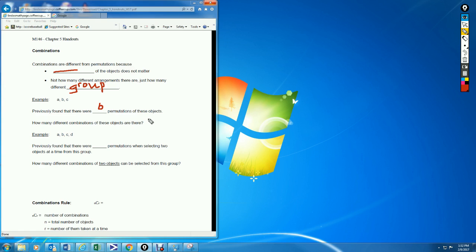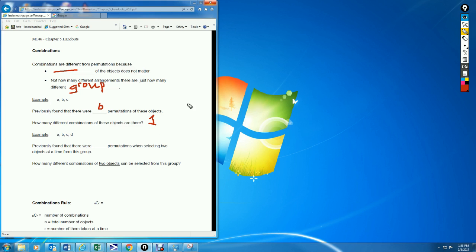Kind of a trick question, really, if you think about it. Because I don't care what order they're in. I'm basically just throwing all 3 letters into a bag. There's only one different combination. Just the group of the letters, A, B, C. I don't care what order they are in. Okay?